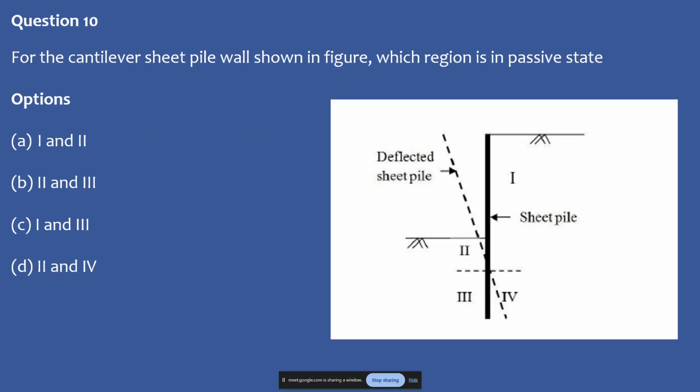Yeah, so let's see the correct answer. So if you see this particular diagram, so this is your sheet pile, right?